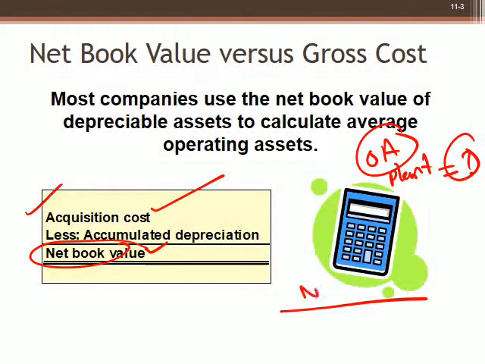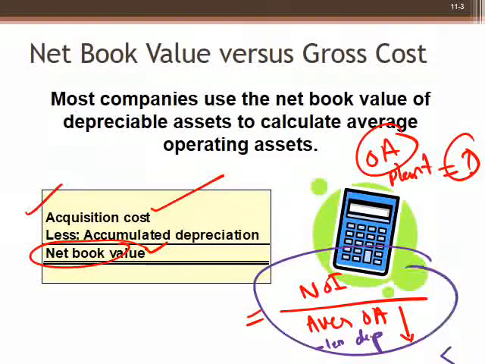Because we are dividing net operating income by average operating assets. So look at the ratio. If operating assets are decreasing due to depreciation, then the overall ratio is going to increase, right? Replacing a fully depreciated asset with a new asset will decrease ROI as well.